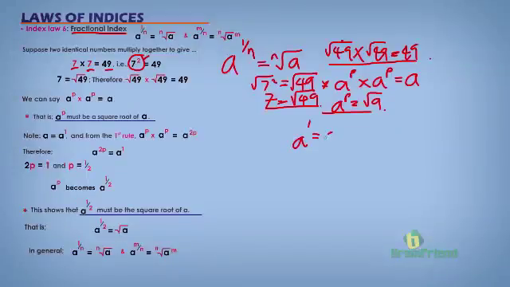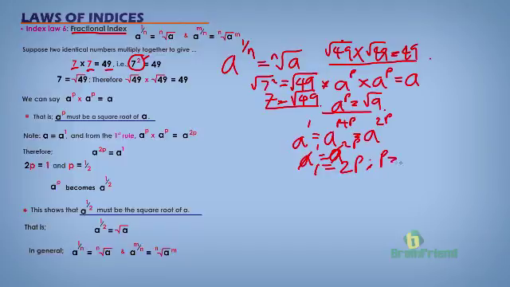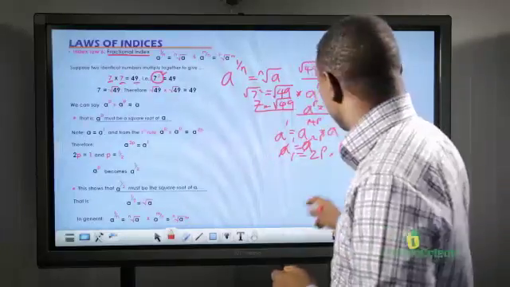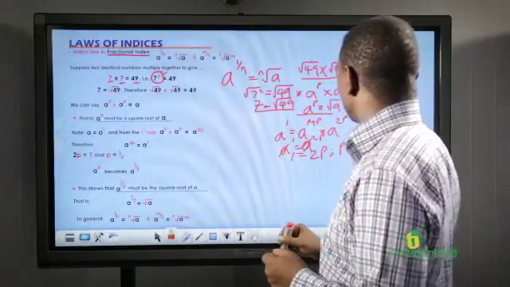So this would be a raised to power p plus p, which would give us a raised to power 2p. We say a raised to power 1 is equal to a raised to power 2p. Therefore, if we cross out our like terms, we say 1 is equal to 2p. And of course, p will be 1 over 2.